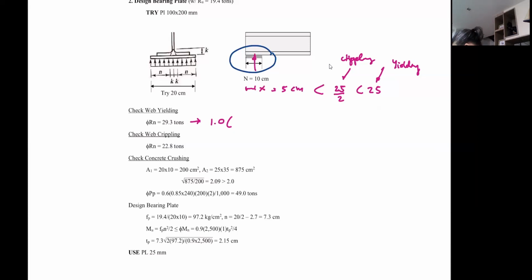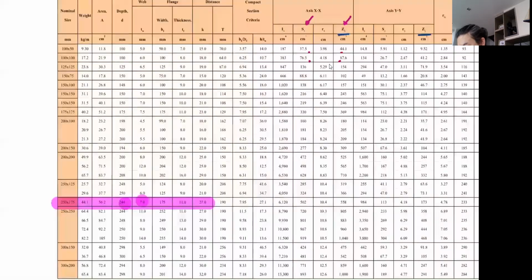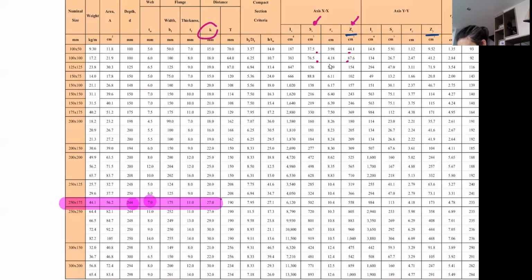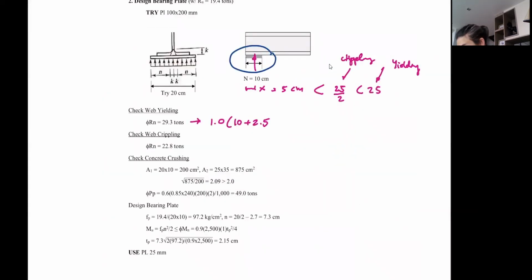N is 10 centimeter plus 2.5 K for this. You can go to the table and see K here. That's K and it's 27 millimeters. So back here, this is going to be 2.7.